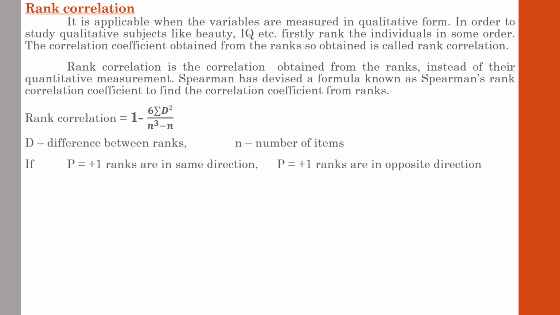In some situations we use the sign ρ for representing rank correlation. The interpretation is, if you get a positive value, that means the ranks are in the same direction. Same direction means they are moving accordingly, or they are correlated likewise.